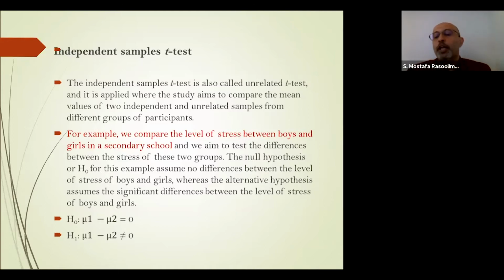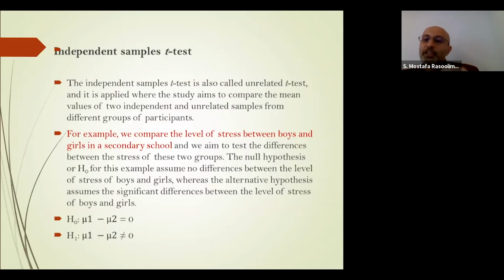So for this one, the null hypothesis is there is not a significant difference between the level of satisfaction of male and female. And the alternative hypothesis is there is a significant difference between the satisfaction of male and female, right?